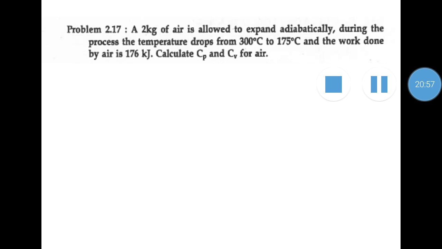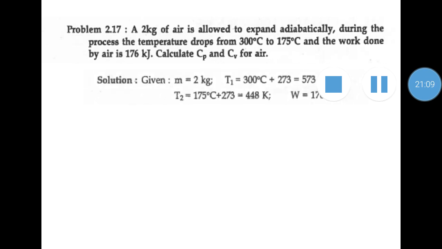Here the temperature is dropped, and the work done is given as 176 kilojoule. Here we have to calculate the specific heat at constant pressure and the specific heat at constant volume for the air. So the given data: M is equal to 2 kg.